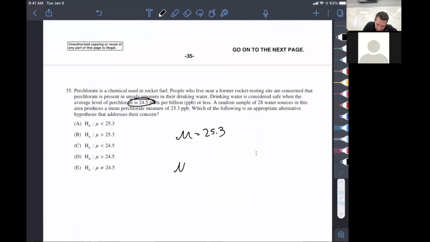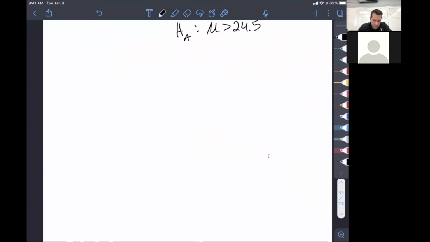So I want our null to be less than 24.5. That means my alternate is mean is greater than 24.5. That one's a lot easier than the probability questions.